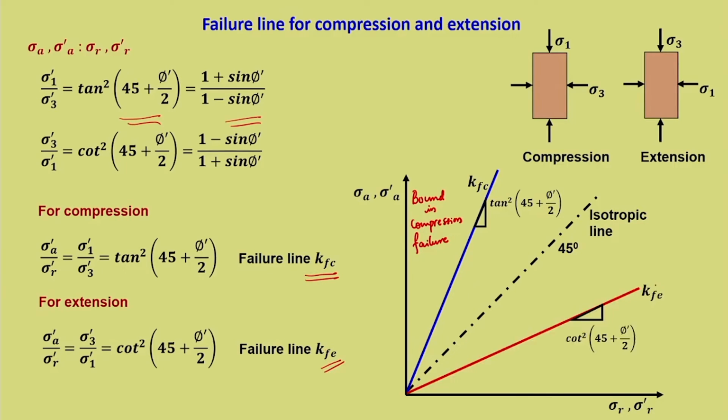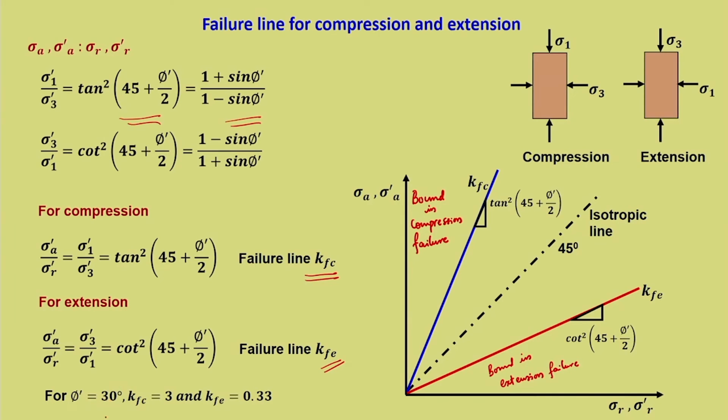So, this is denoted by KF extension, and this is cot square 45 plus phi dash by 2, and here this is the bound in extension failure.